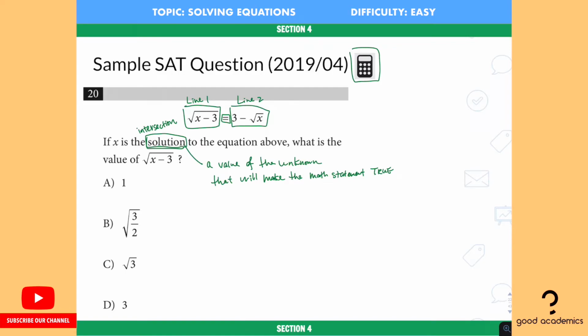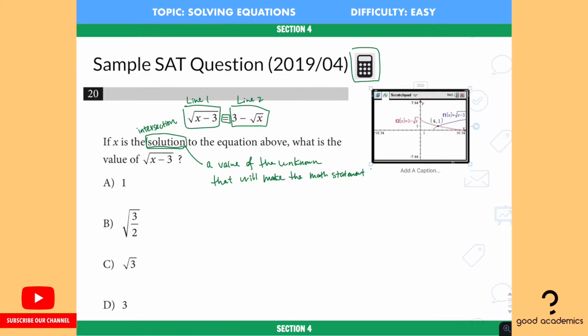Well, for time's sake, I have already prepared a graph for you. So here on the right, you see the two graphs, F1 and F2, for those two equations. And you can see where they intersect. They intersect at 4, 1. And since it's the x value that we're looking for here, that means x is equal to 4.